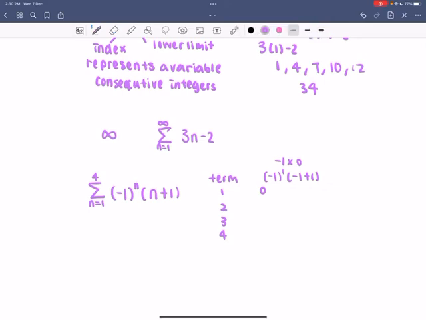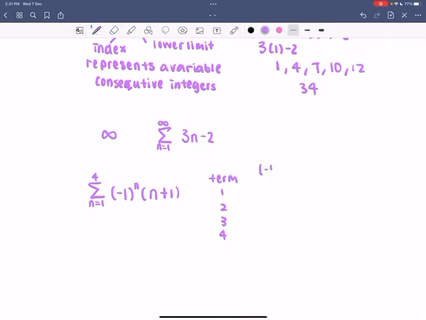But if it's 2, second term, we have -1 squared, sorry, my bad. Let me retry that.